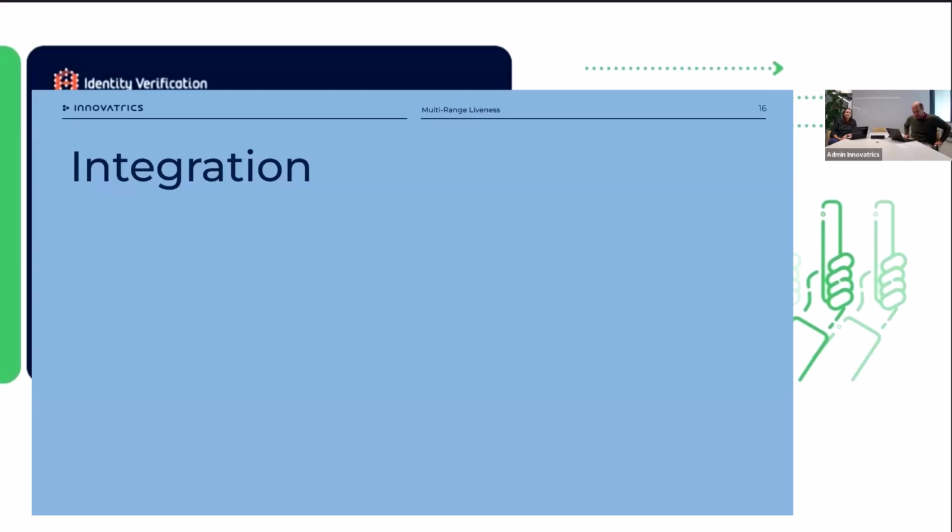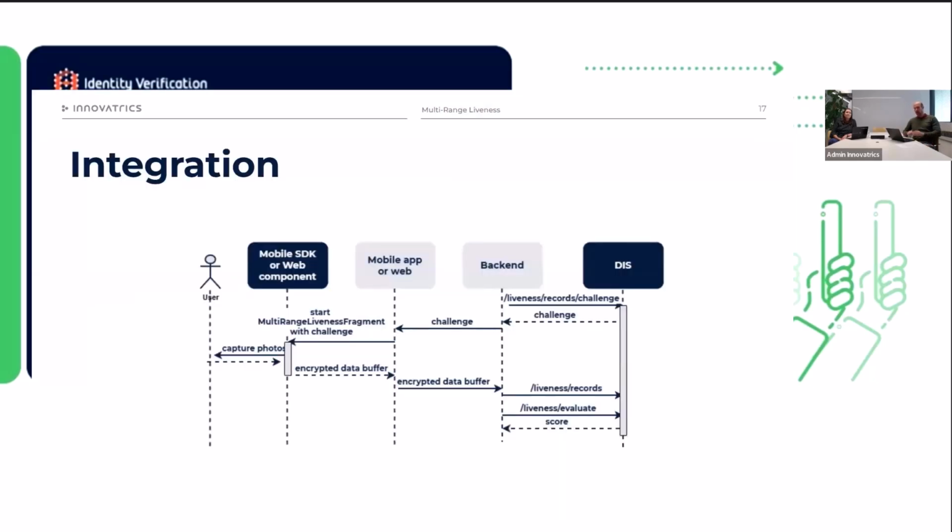Now I will explain the integration. It's very similar to all the other liveness methods that we have. There is just one change. The session starts on the back end, where you need to ask the digital identity service for the randomized challenge.